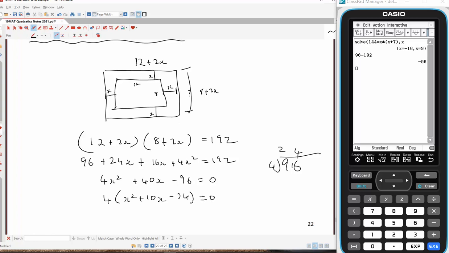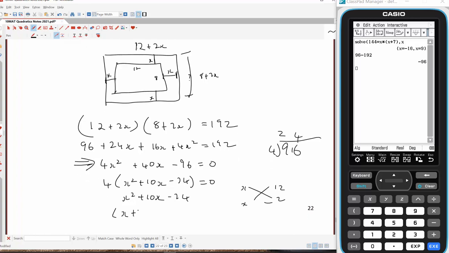Now I'm going to divide both sides by 4, leaving me with x squared plus 10x take away 24, something considerably easier to factorize. So this is going to be 12 and 2, I think. 12 and 2 is 24, one of them has to be negative, and it's going to be that one.